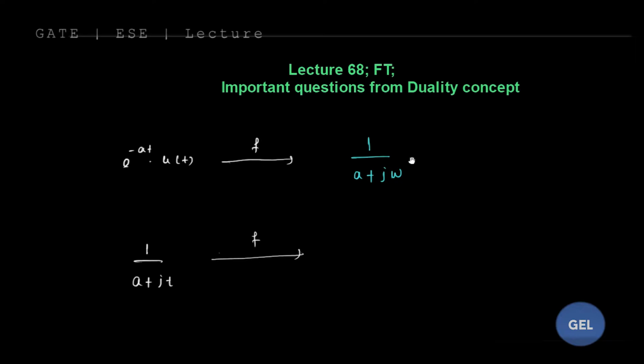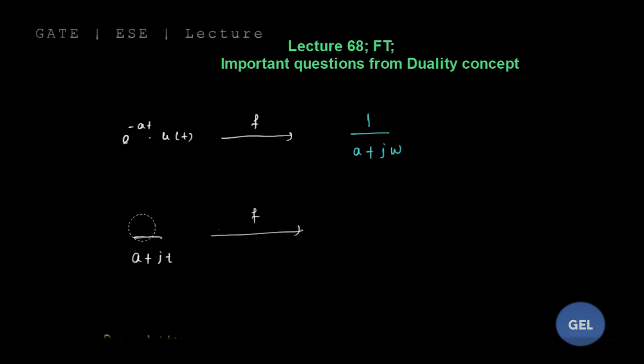So what is the concept of duality? Now, we know 1 by a plus j omega is the Fourier transform of e to the power minus at into u(t). What if I ask you for 1 by a plus jt? What is the Fourier transform of this?